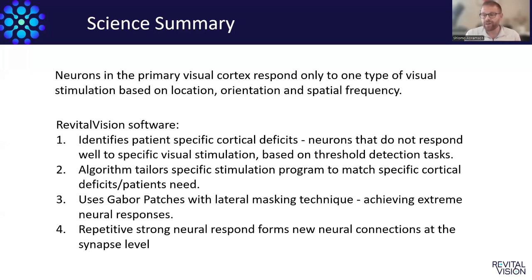Then the algorithm tailors a specific stimulation program to match specific cortical deficits and patients' needs. The software uses Gabor patches with lateral masking technique, achieving extreme neural response. And then the repetitive strong neural responses form neural connections at the synapse level.